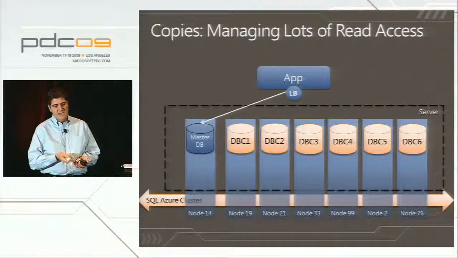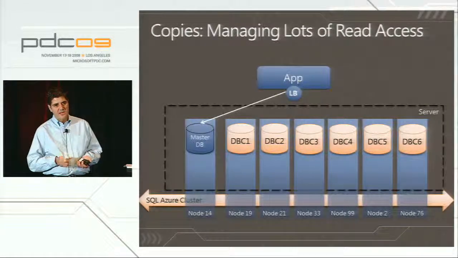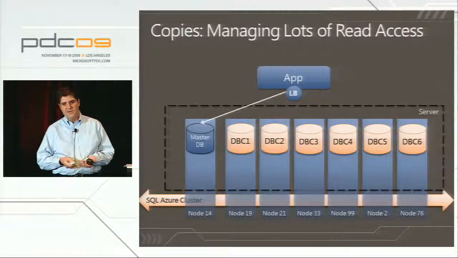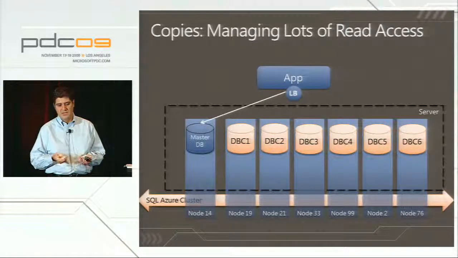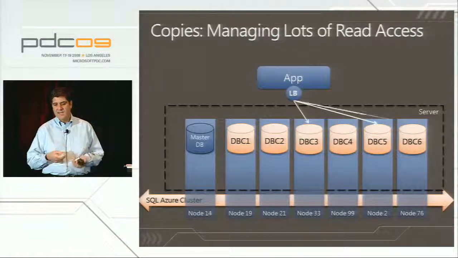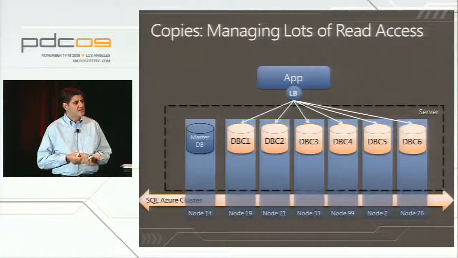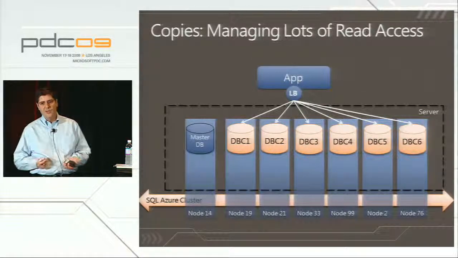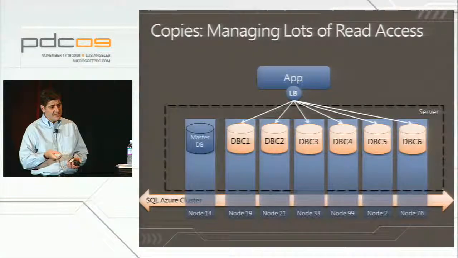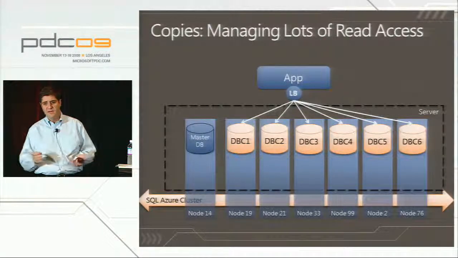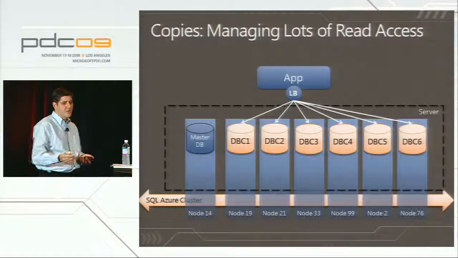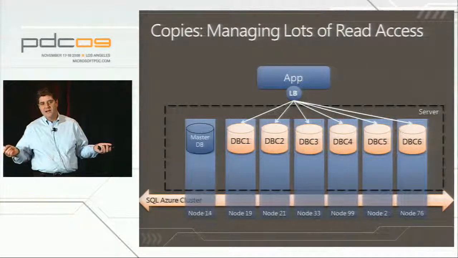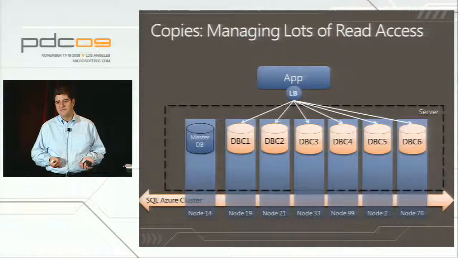And in this case, you can put a load balancer in your application, which queries the master, figures out how many databases you have or where the databases are, the names, and then it can access the databases pretty much in whatever fashion, round robin or random, to distribute the load evenly across all the databases. And in this case, again, if there's a failure, the failure happens automatically, and you really don't have to know that that particular database is running on a different machine anymore. And this is a pretty good pattern when you have to scale out a large volume of workload.